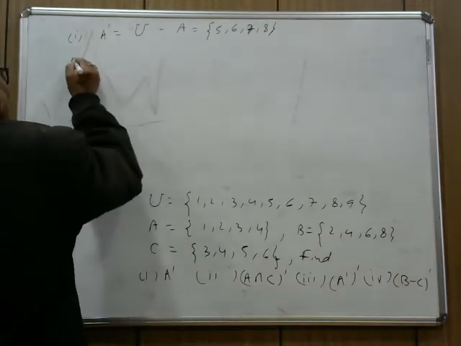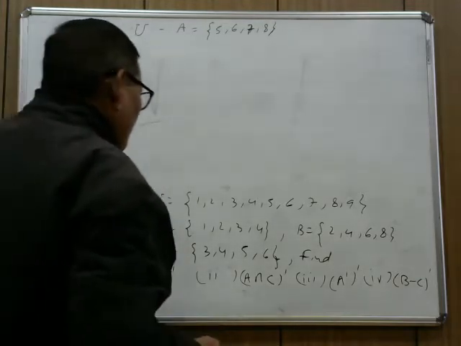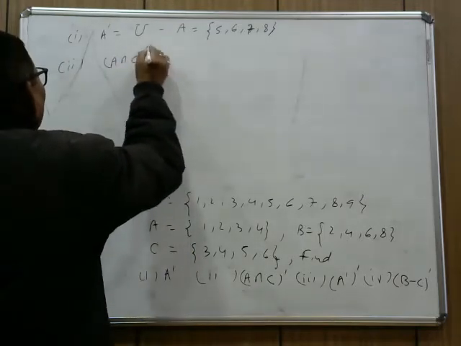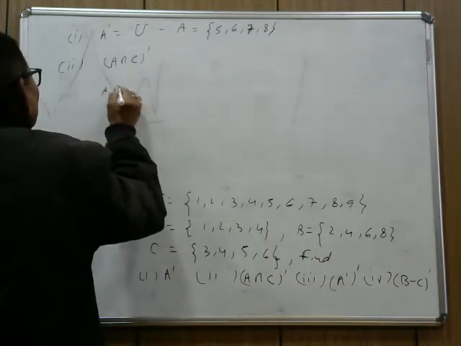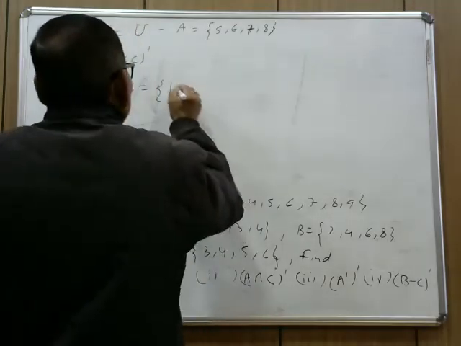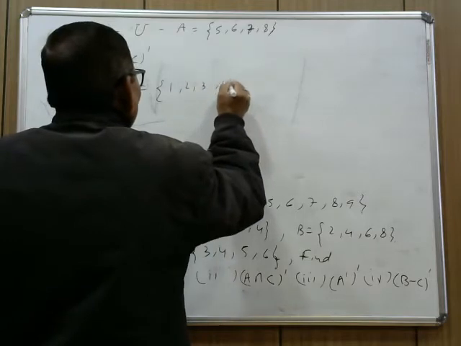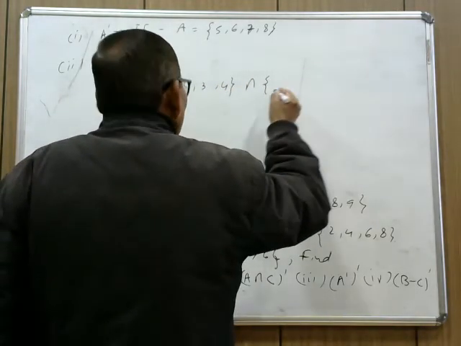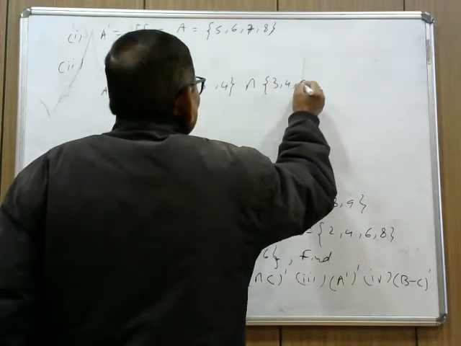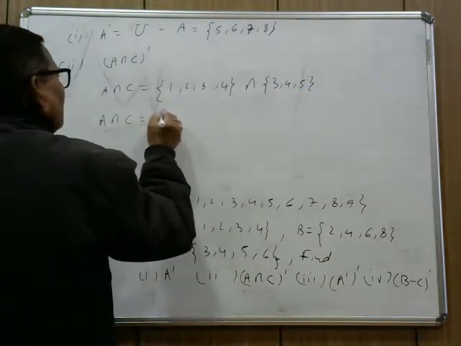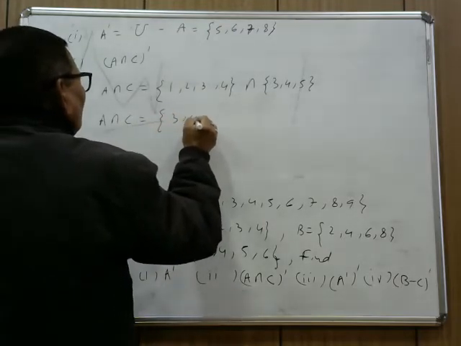Now second part. In order to find A intersection C complement, first you find A intersection C. Your A is 1, 2, 3, 4. Your C is 3, 4, 5, 6. Now A intersection C is 3, 4.